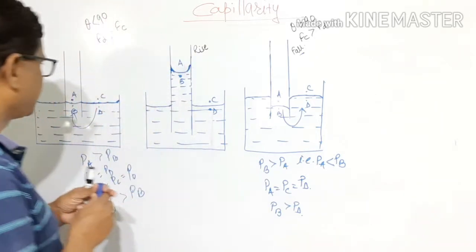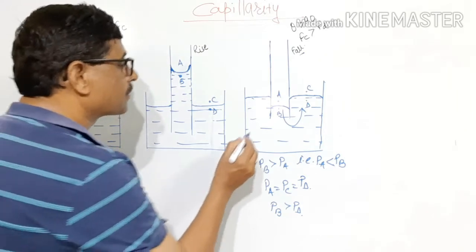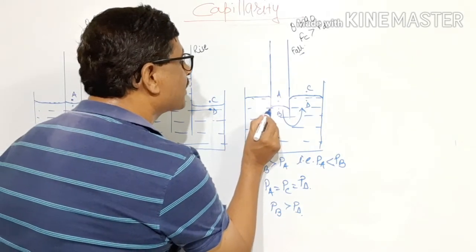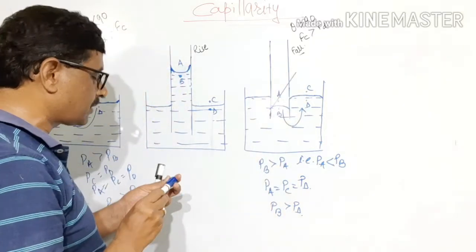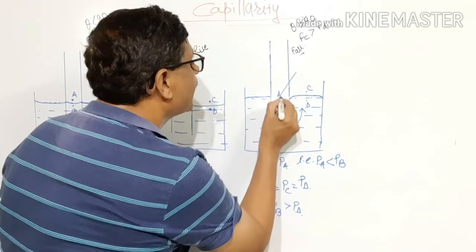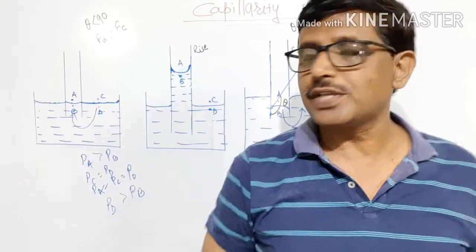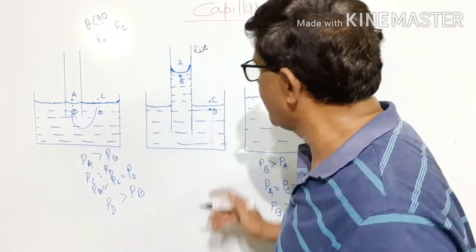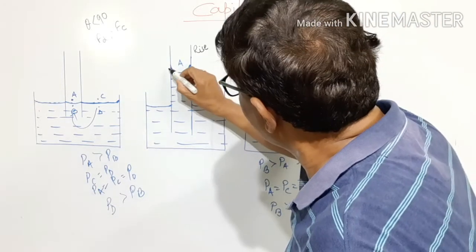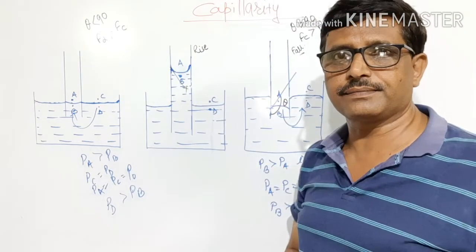We know that here what you will see, this is the tangent drawn to the liquid surface at the point of contact. The angle measured from the side of liquid, this will be the angle and this angle is obtuse angle. This is the tangent drawn to the liquid surface at the point of contact.